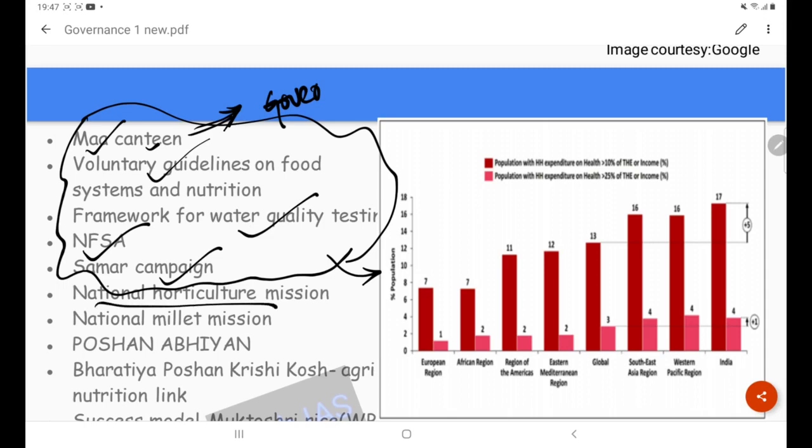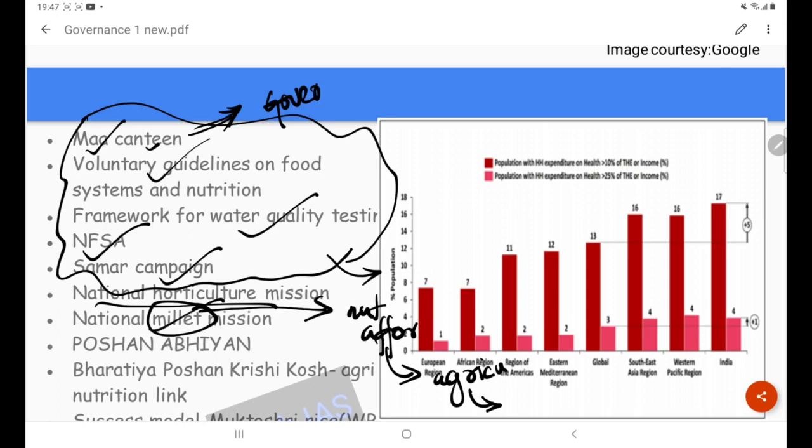Then the National Horticulture Mission, Millet Mission, which enhance nutritional security. Millets are affordable to a major chunk of the population. Agriculturally also they are easily available, because they don't require highly fertile land. They don't require that much rainfall, so they are climatically adapted to India.